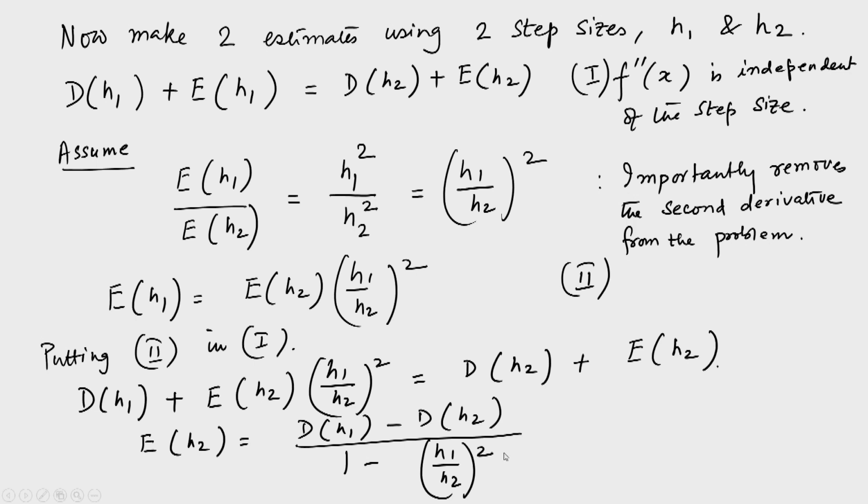So, that is the formula for the error associated with this choice of h2, which is the second choice for the step size. So, what is it good at?